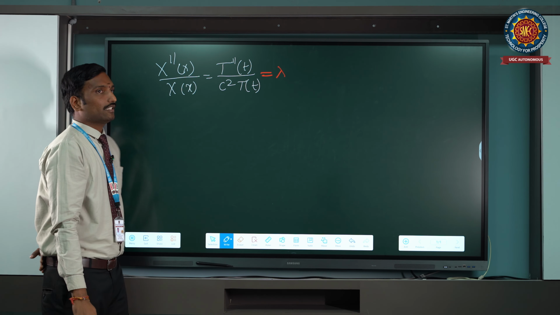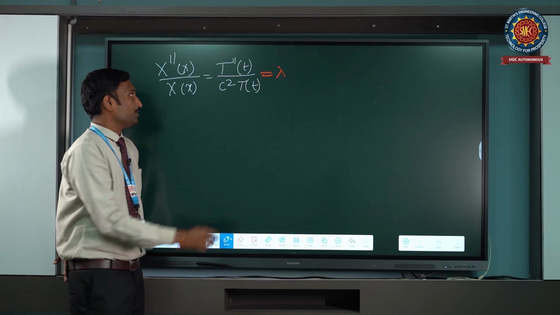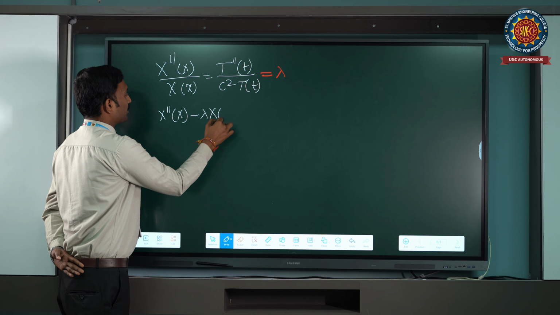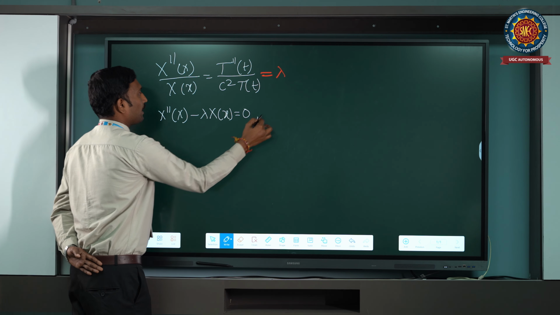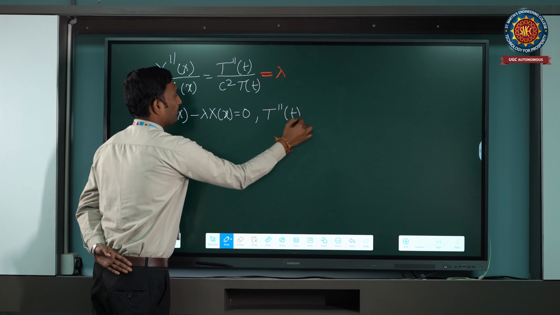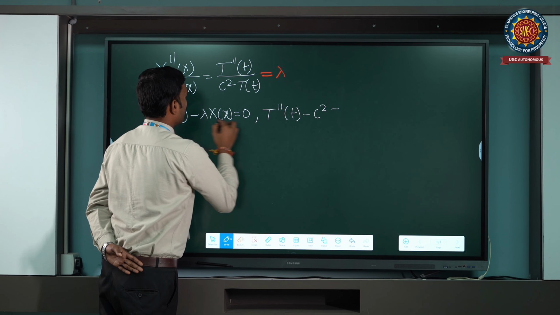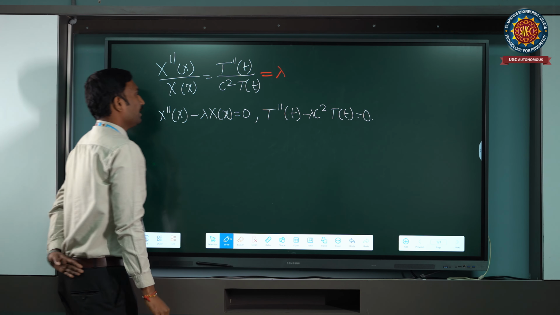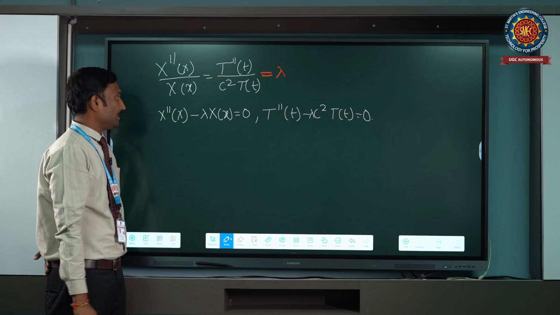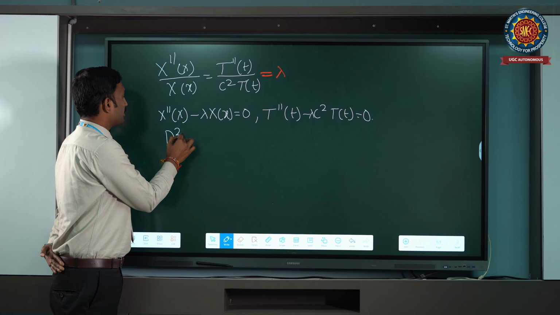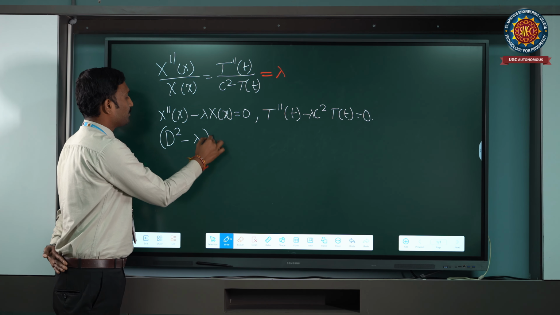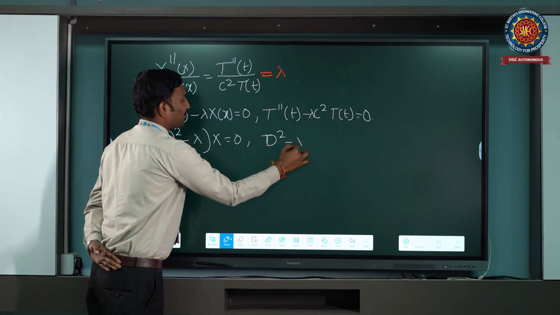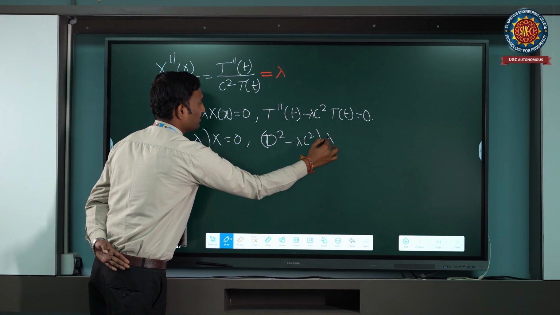We can convert that into X double dash of x minus lambda into X of x equals 0 and T double dash of t minus lambda c square into T of t is equal to 0. We can write these equations in differential operator form, that is D square minus lambda into X is equal to 0 and D square minus lambda c square into T is equal to 0.